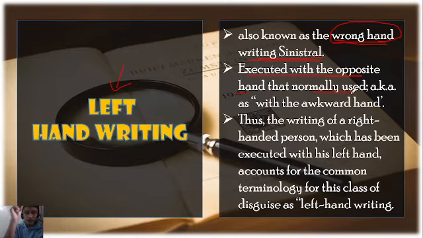We have the dominant hand that we usually use in handwriting, the hand we use in normal handwriting. That is why they say this is also known as the awkward hand.